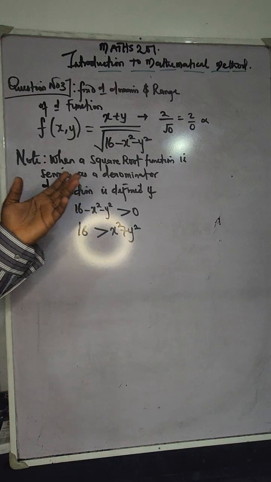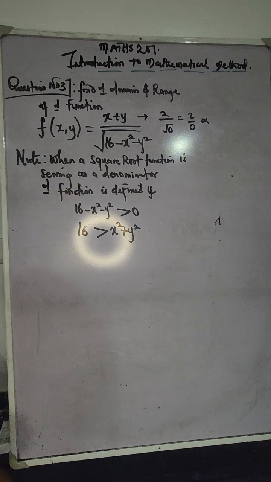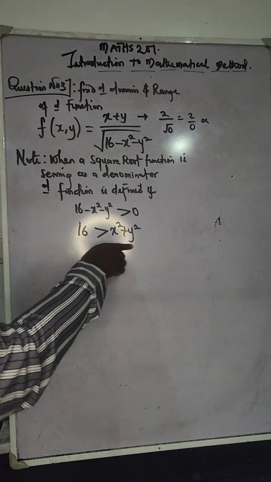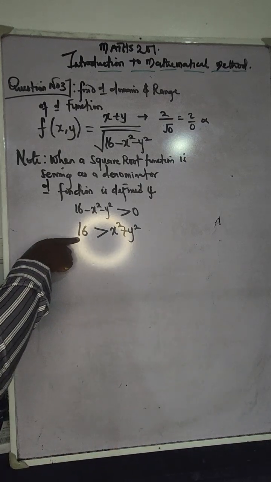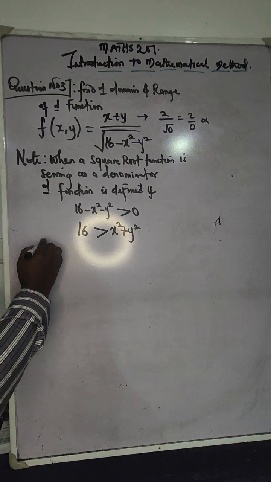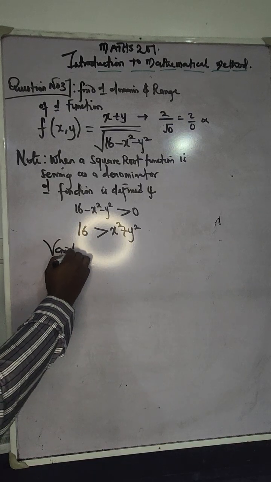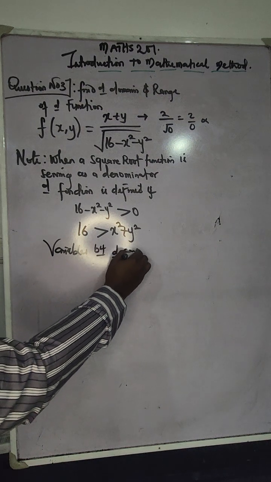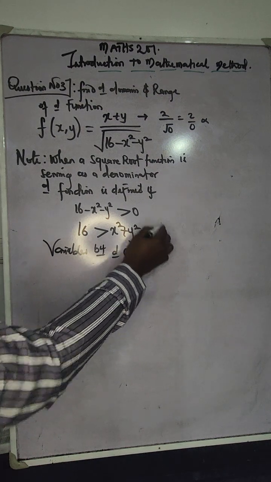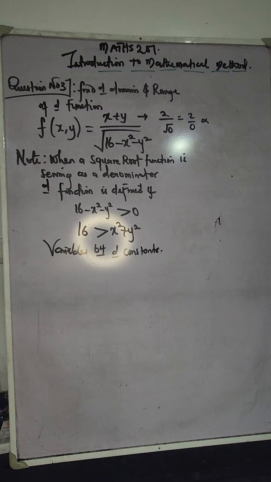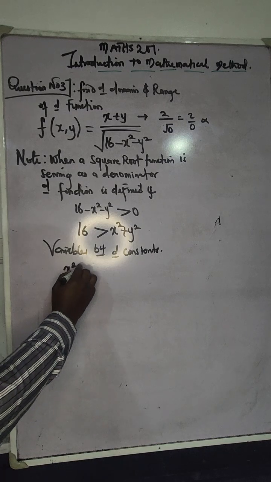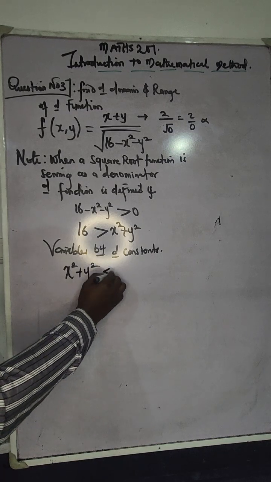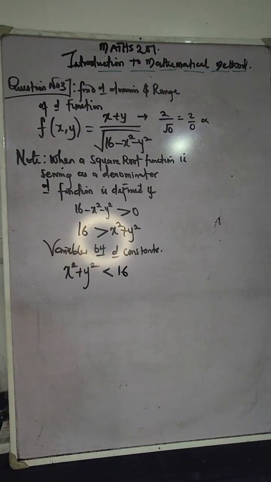For the fact that we want to be decent, we want to write the variables before the constants. So we said x squared plus y squared is less than 16, right?